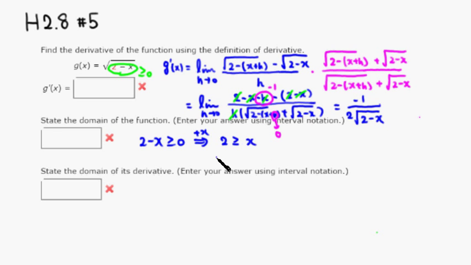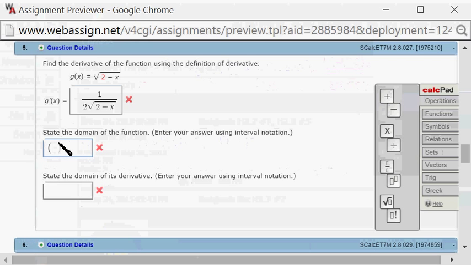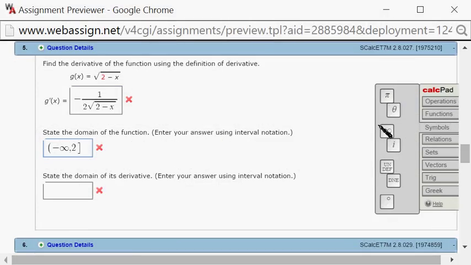In other words, x is less than or equal to 2. Which means that it's negative infinity all the way to 2, including 2. So let's write that down. It's going to be negative infinity symbol here, and all the way to 2, and you have a square bracket.